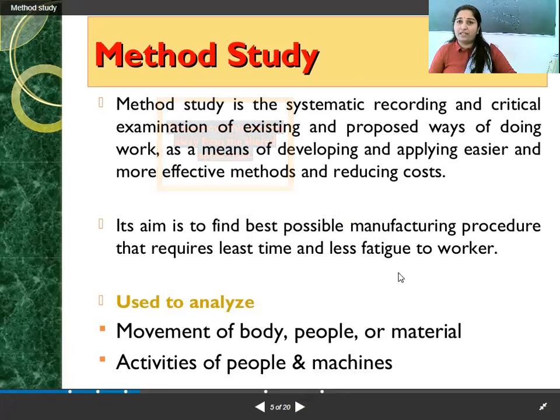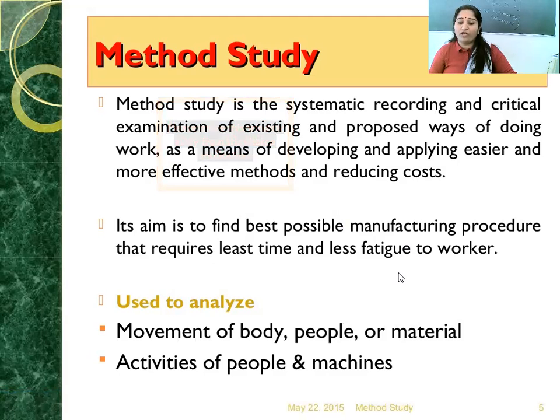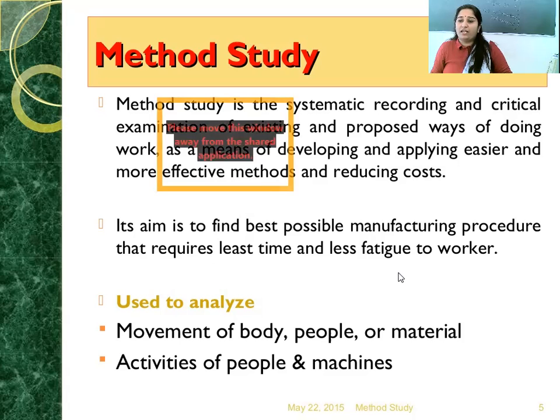In any industry there is movement of people, meaning the operator is moving here and there to take material. Then there is the movement of any tool, equipment, and material. This is very important to analyze.